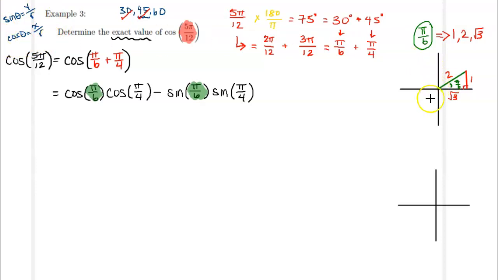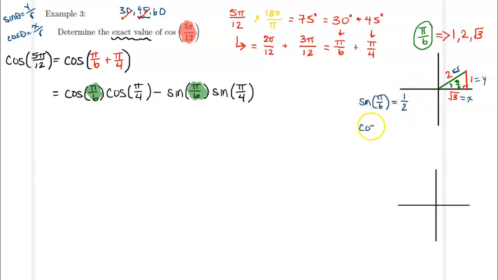Okay, so that means when I label my sides, this is my r. This is the x component because it's my horizontal. This is my vertical component, which is why that's my y. So when I go to state my ratios, my sine of pi over 6 is equal to y over r. So it's 1 over 2.